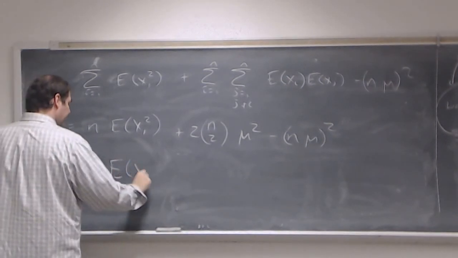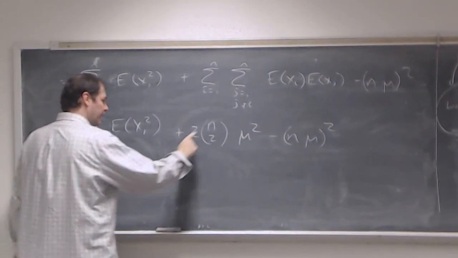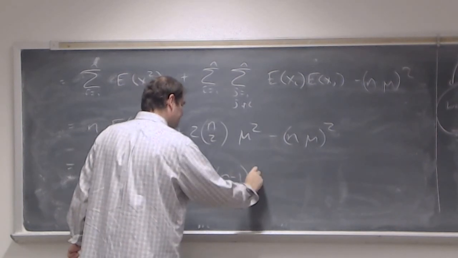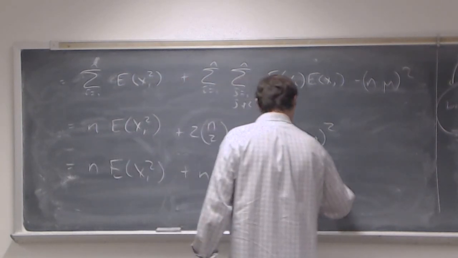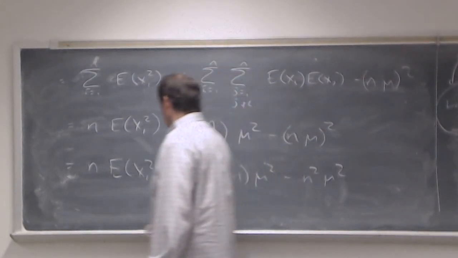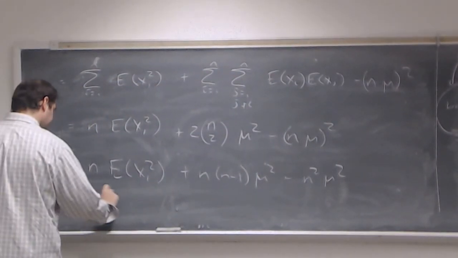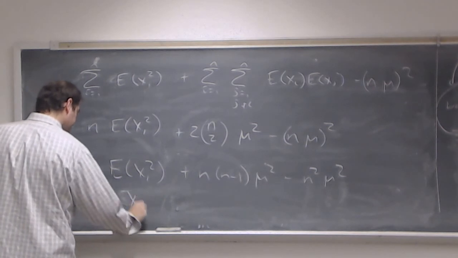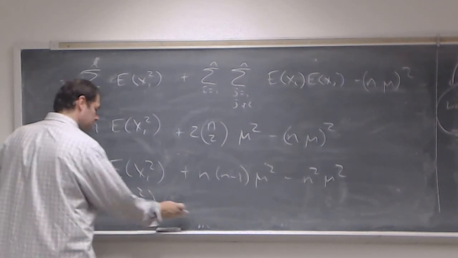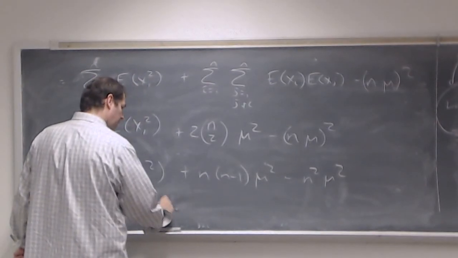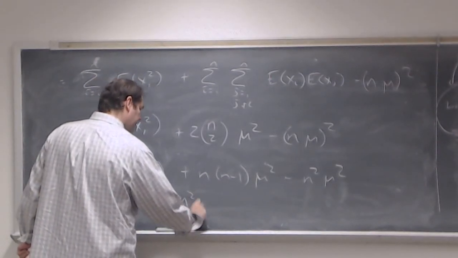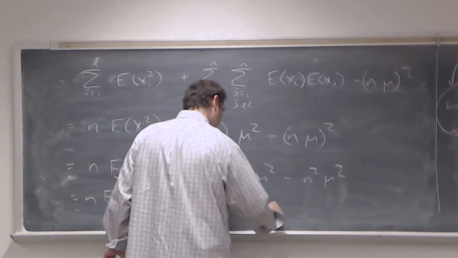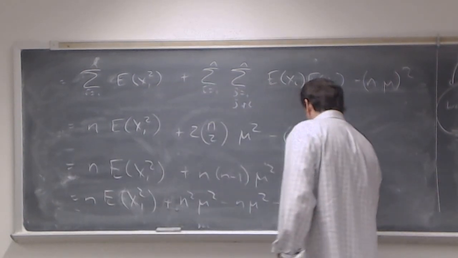N times the expected value of X_1 squared. Here, this is n plus n times (n minus 1) times mu squared minus n squared mu squared. So this is n times the expected value of X_1 squared plus n squared minus n mu squared minus n squared mu squared.